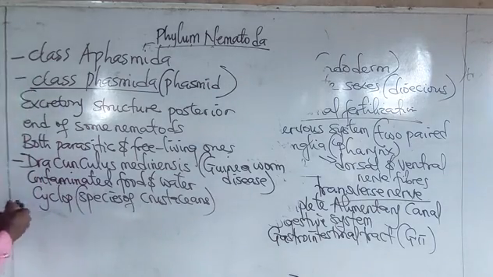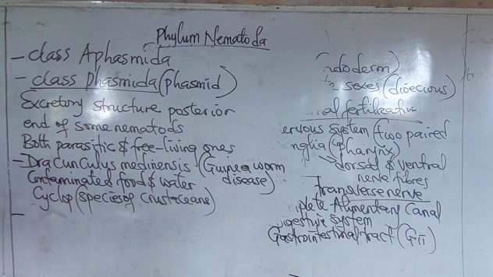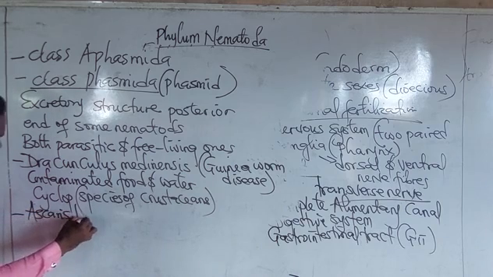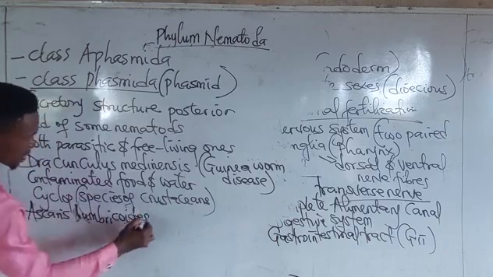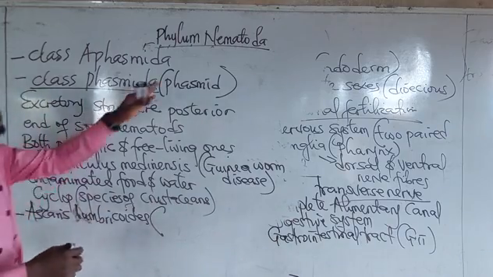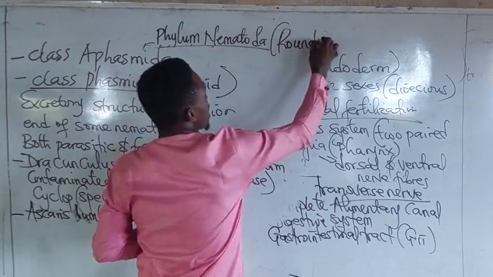Take note of that. Another species found under our class Phasmida is Ascaris lumbricoides. Please, another name for the phylum Nematoda, you say these guys are roundworms.